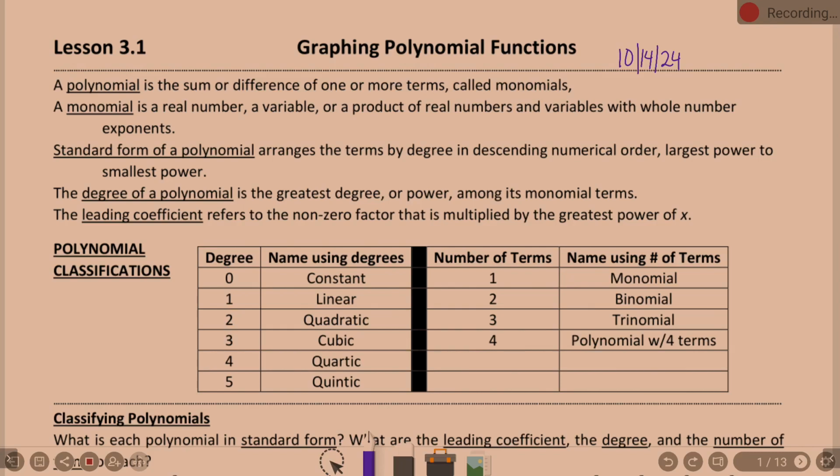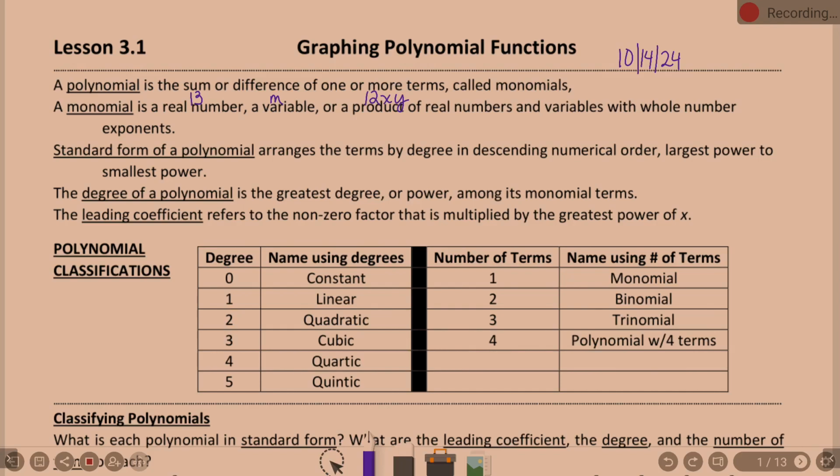So in other words, a monomial could be a number, such as 13, could be a variable, such as m, or it could be a product of real numbers and variables, such as 12xy. All of those things are monomials. Put them together, add and subtract them, they become a polynomial.